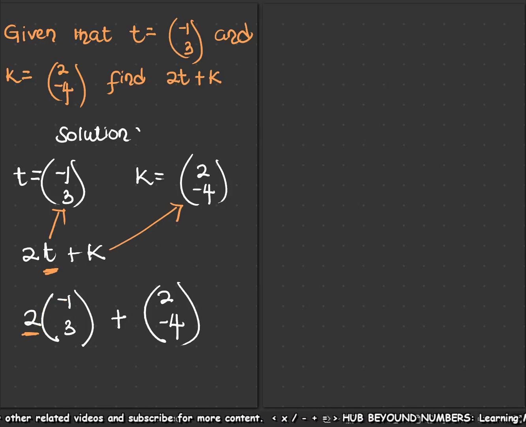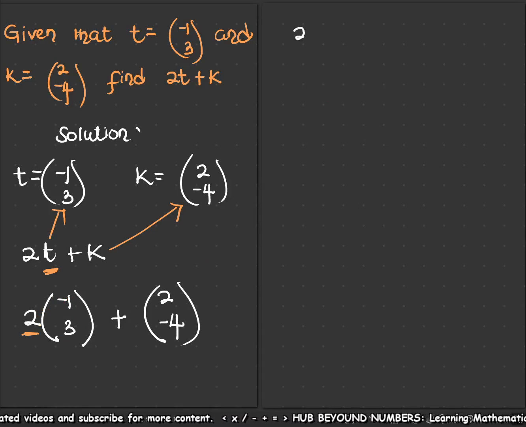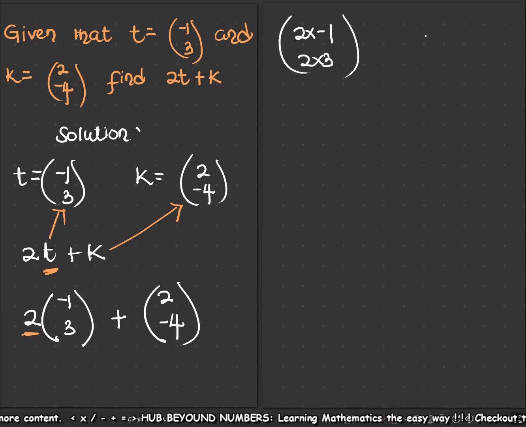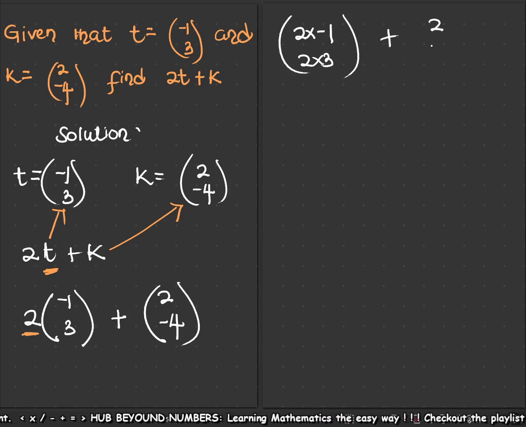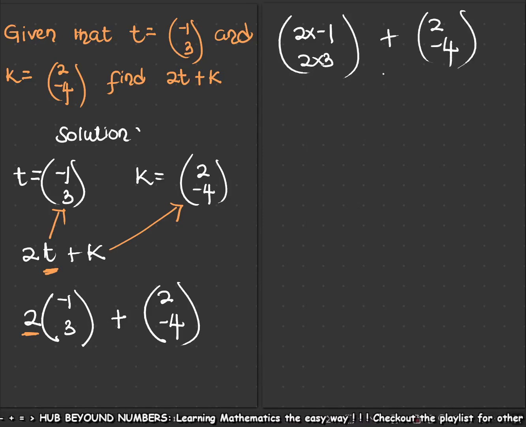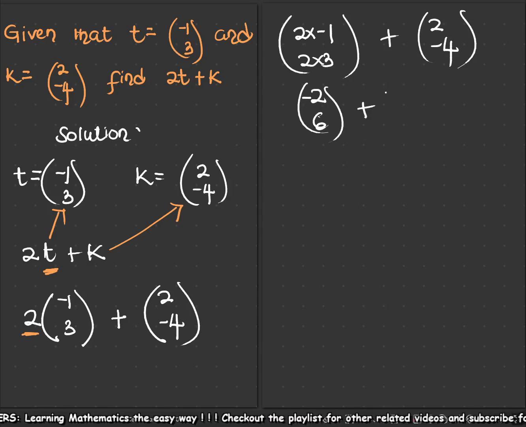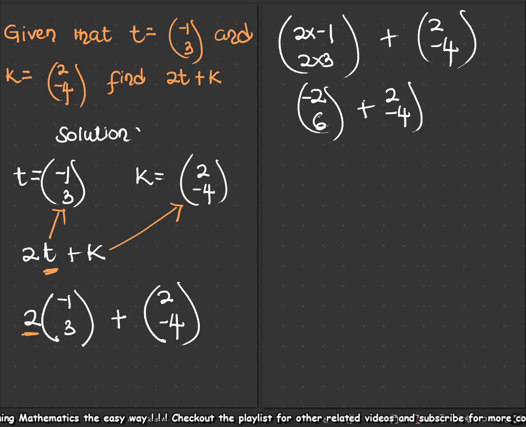So we are going to get 2 times -1, then 2 times 3, plus (2, -4). 2 times -1 gives us -2, and 2 times 3 gives us 6, plus (2, -4).